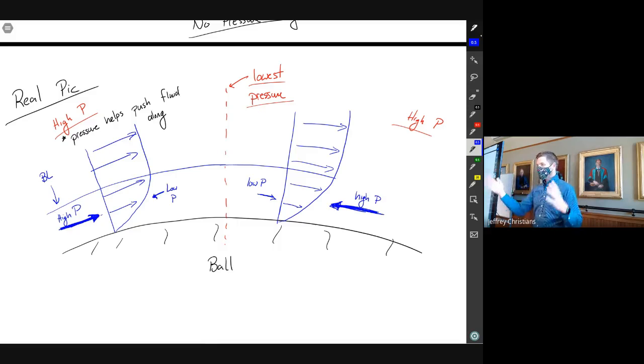And where the fluid is moving fast, inertia is enough to keep it moving. It just slows down. But where the fluid is moving slow, it slows down and can come to a stop and actually turn around and start going the other way.